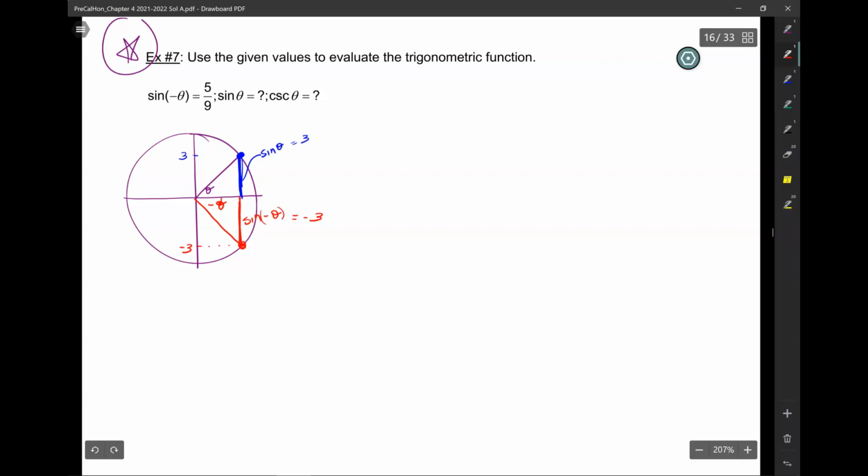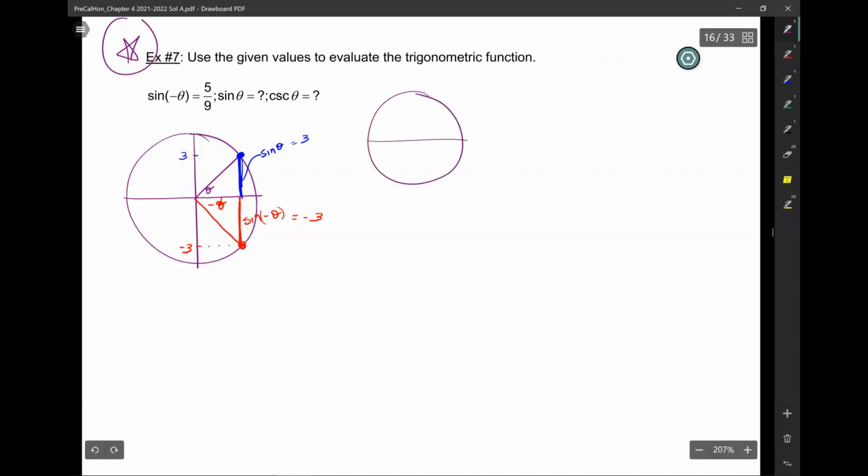So because sine of theta is the y coordinate, in going from an angle to its negative angle, the y coordinate will switch signs as well. Now, here's another situation for you. What's another word for negative? What does the negative sign do? Opposite. Negative just means opposite. So who said theta had to be there?